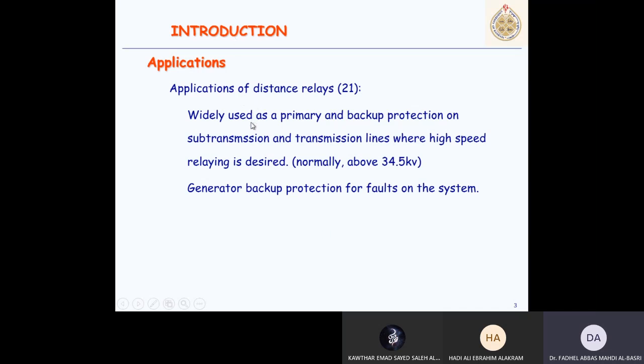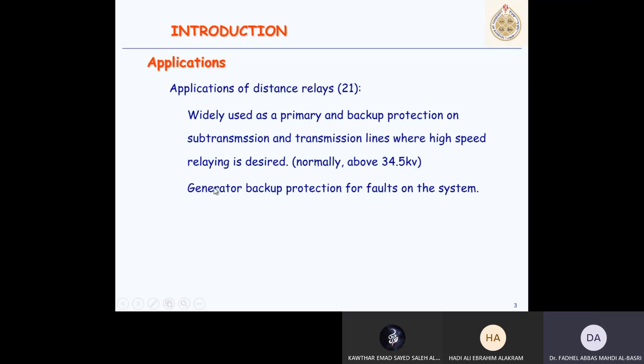We can apply them widely as primary and backup protection on the transmission and sub-transmission systems. Mostly for transmission, this is the primary protection used to protect transmission lines. We don't use them in distribution because these relays are expensive, and distribution systems are mostly radial.